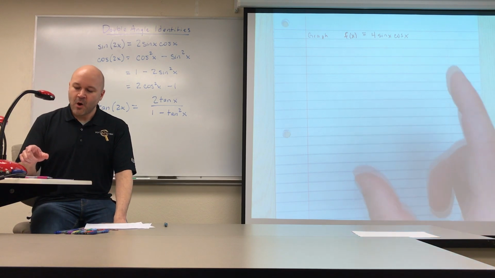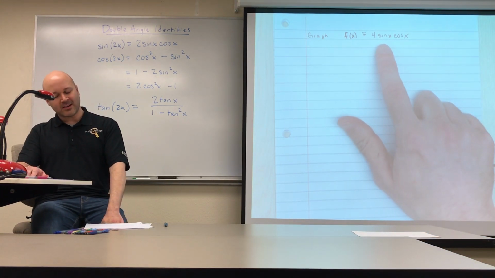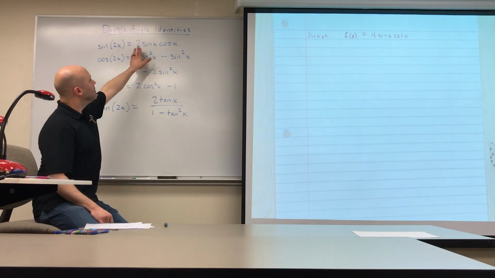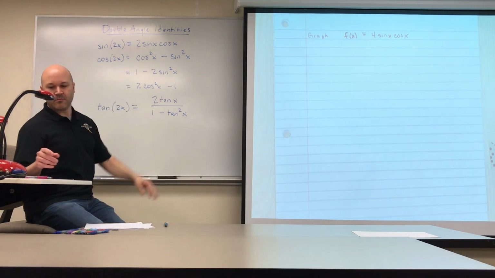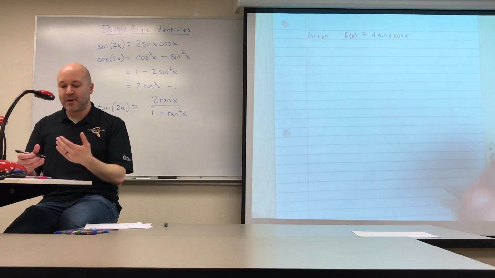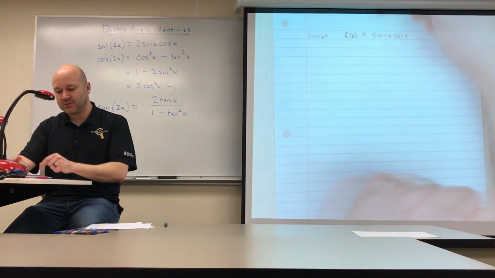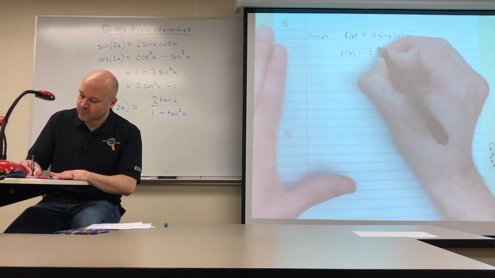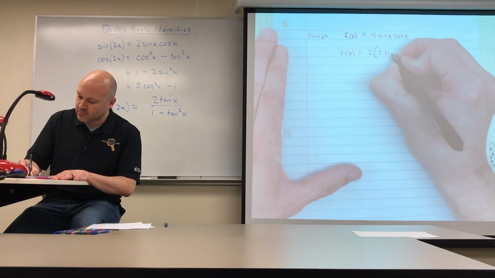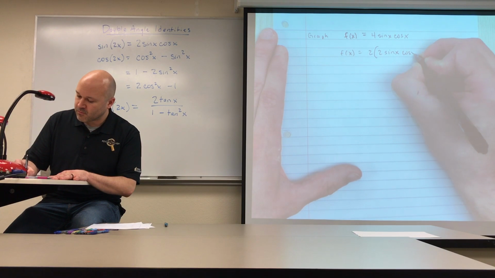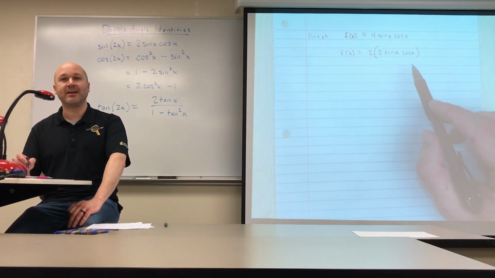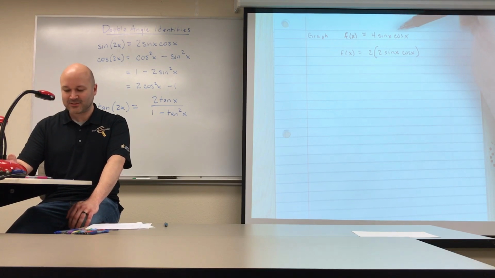So hopefully I'm recognizing that if that were not a 4 but a 2, then I would have a double angle. So I can show that step. I can rewrite 4 as 2 times 2. So 2 times 2 sine x cosine x is 4 sine x cosine x.